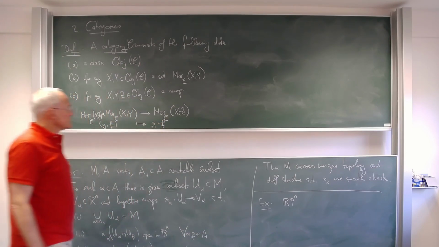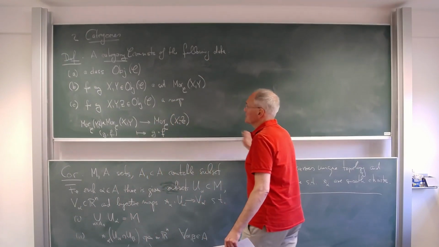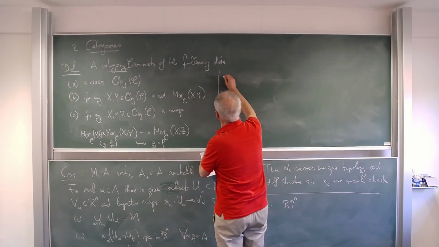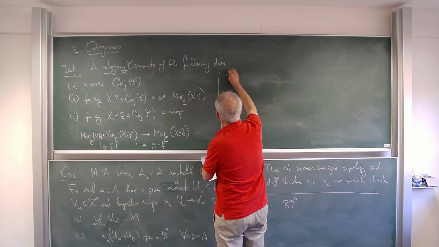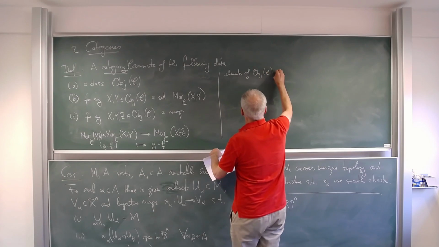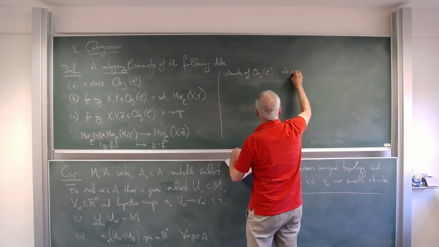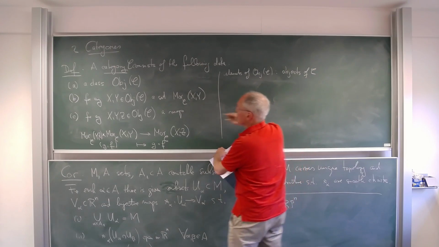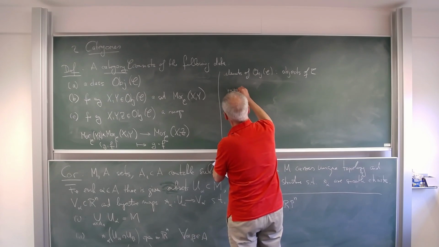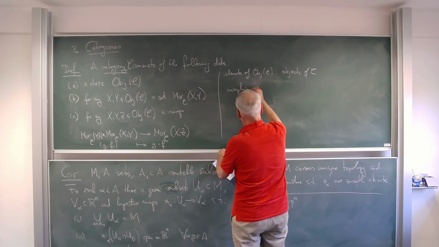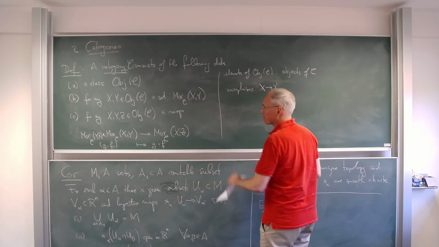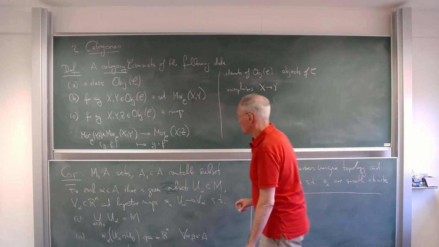And the terminology is that the elements in the class of objects are called the objects of C. And the elements in the morphism sets are called the morphisms from X to Y. And this is called the composition.